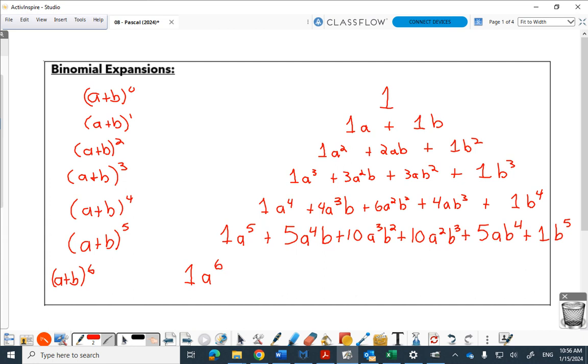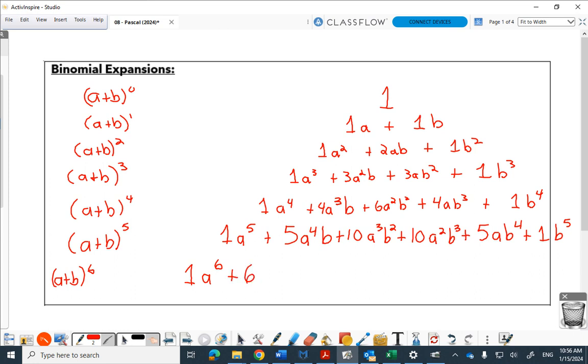And if you really want to know what's going on now, the first term always has the exponent of whatever your expansion is. After that, you just use the coefficients of Pascal's triangle to get the coefficients. So this will be a 6.